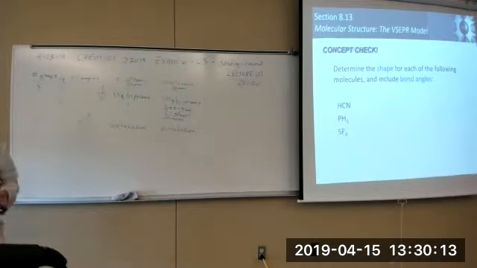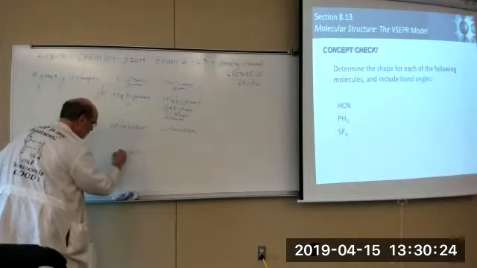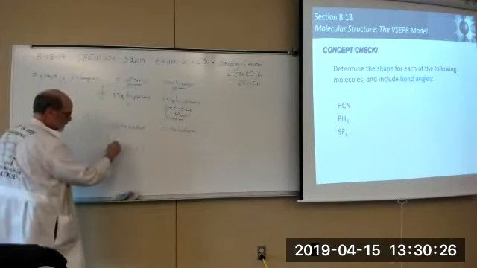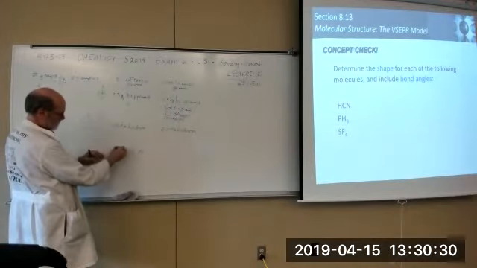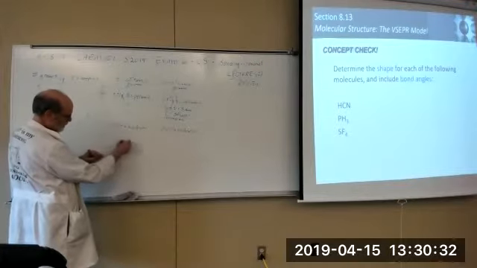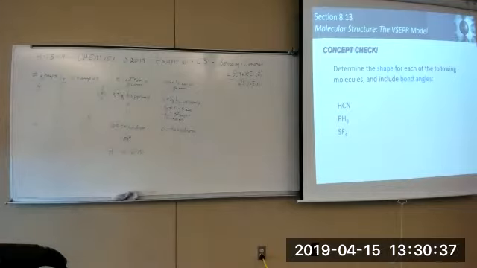Hydrogen cyanide. What kind of molecule was that? Linear, wasn't it? Okay. So the bond angle on that one, and what we mean by bond angle is this angle with the central atom in the middle, right? So we have that bond angle is 180 degrees. That's easy. Linear molecules are all 180 degrees.